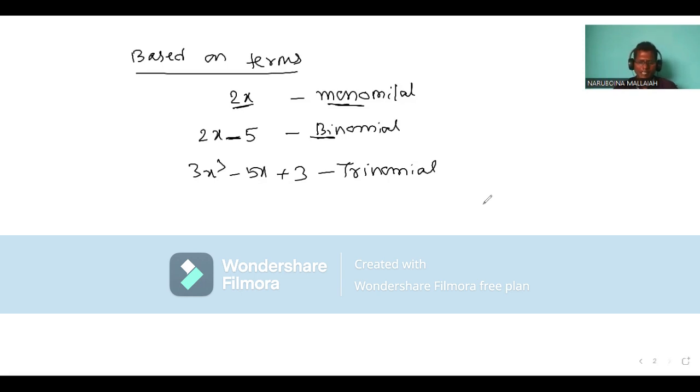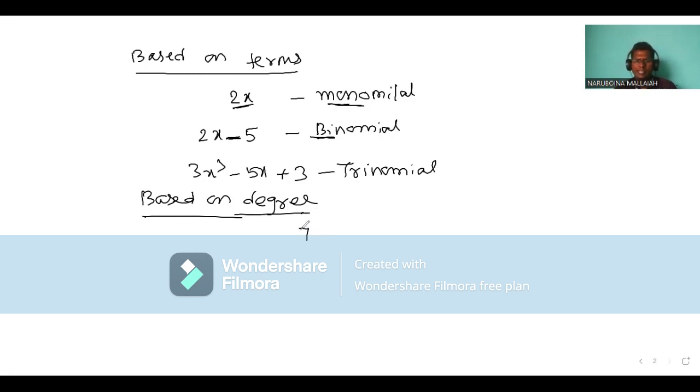Based on degree, we classify these polynomials. I am writing here 7. Its degree is 0. Degree of 7 is 0. Here, degree means the highest power of exponent.